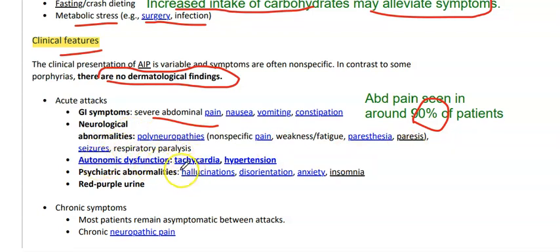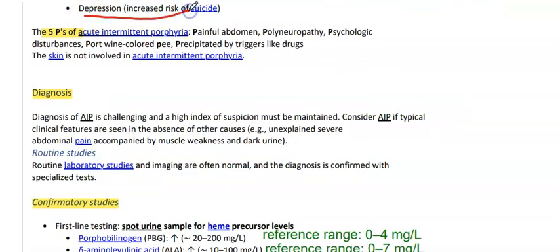Autonomic dysfunction: tachycardia, hypertension, as increased release of catecholamines occurs. Psychiatric abnormalities: hallucination, disorientation, anxiety, insomnia, and we will have red-purple urine here. Chronic symptoms: most remain asymptomatic between attacks, with chronic neuropathic pain and depression, so increased risk of suicide.